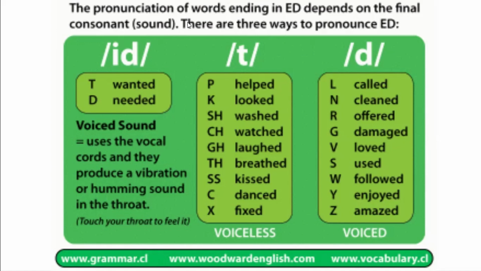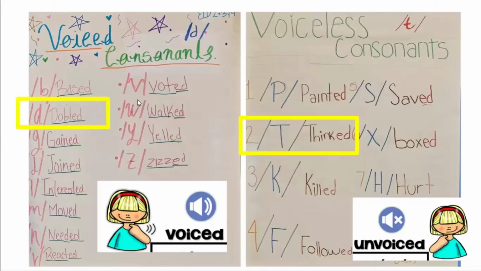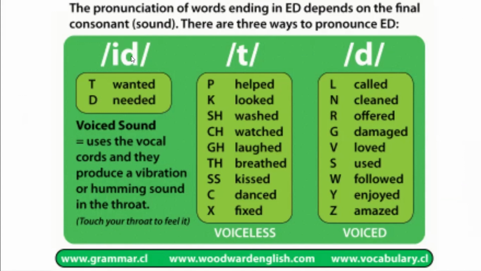Now, there is a third rule. What happens when you have a verb that ends in T or D? If, before placing it in past tense, the verb ends with the letter D or T, that means you're going to pronounce the ed.